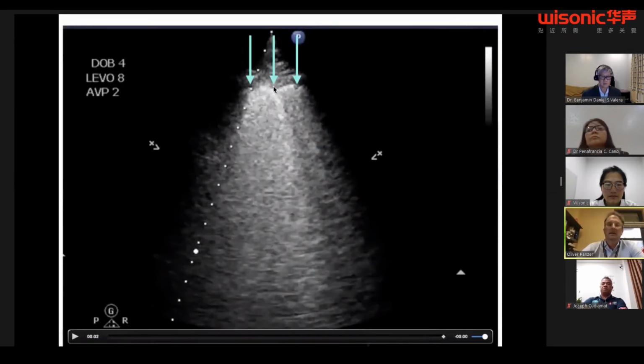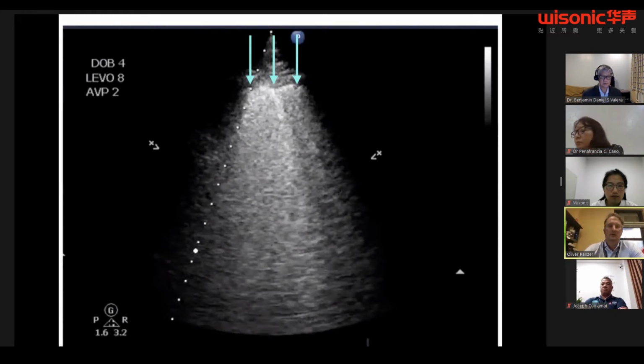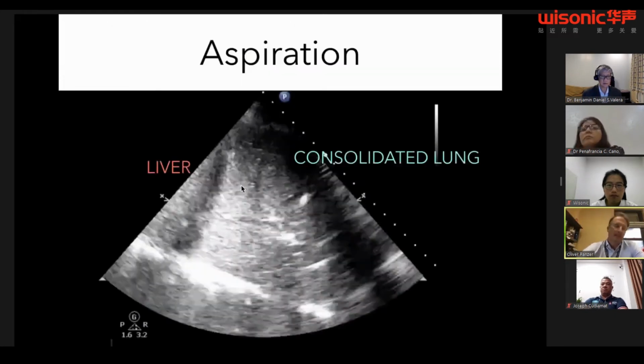You can see here all these little indentations at the pleural line. Here it's even interrupted. So these are all signs very specifically for an inflammatory infectious process in the lung that's causing the pathology. In this patient, because we were worried about pulmonary hemorrhage, that's what I would have expected if there was significant pulmonary hemorrhage.